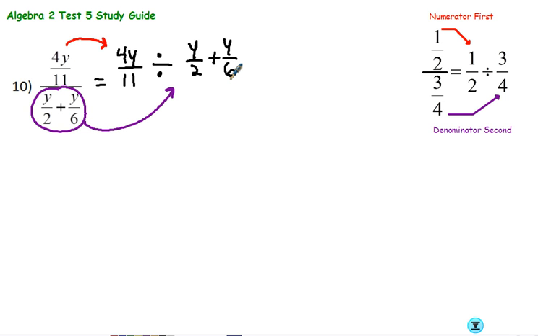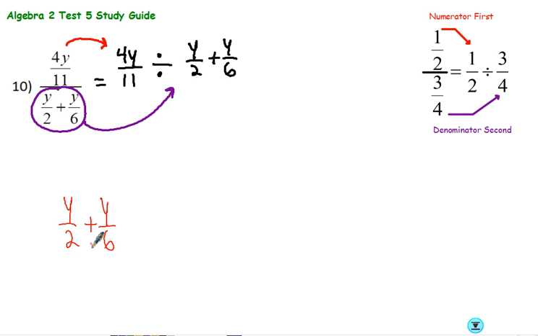So before we start talking about dividing fractions, we have to combine these two fractions together first. So we've got to go down here to the side and do a little bit of scratch work, like y over 2 plus y over 6. Now this is hopefully a simple fraction.